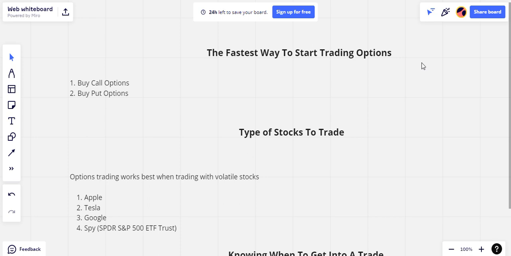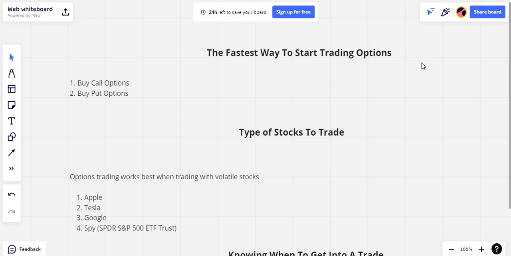So let's say, for example, you're eyeing up Apple stock and you think Apple stock is going to rise above 140 by, I don't know, the 1st of March 2023. And like I said, in order to buy a call option, you need to pay a premium. Now, just say, for example, the premium to take out the options contract is $5 per share.